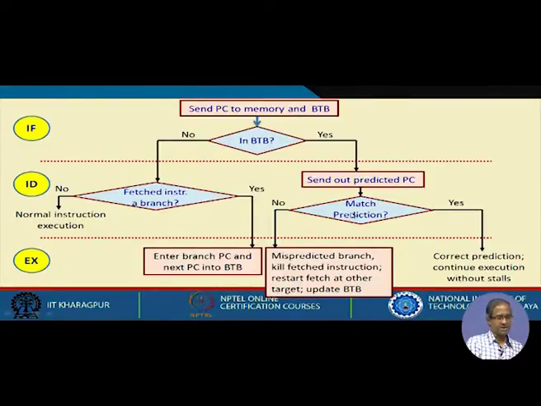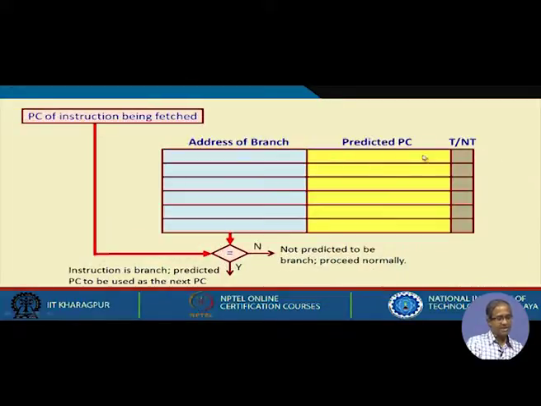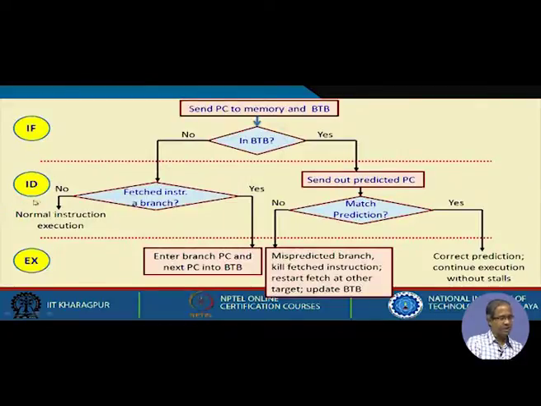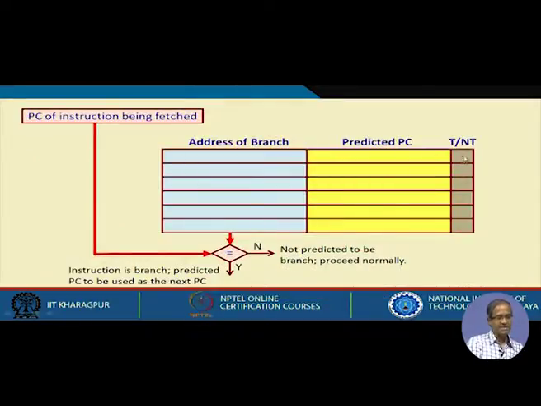But if the prediction is wrong, because your table says that it is taken, but after decoding you see that it is not taken, that means it is a mispredicted branch. Then you will have to kill the instruction you have fetched. So, you need a stall here and you will have to restart fetch at the other target. And once you do this, you will also have to update the BTB because now your prediction has changed. So, you will have to modify this T and NT and also update the predicted PC.